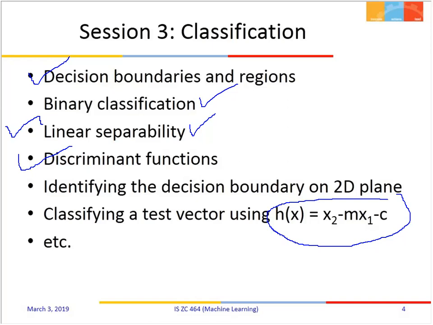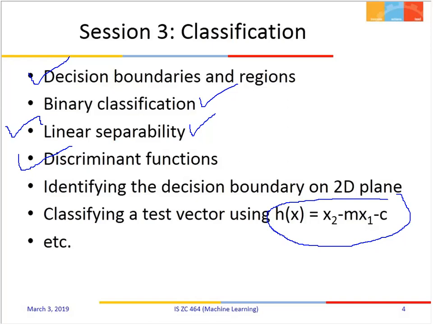If you find that this is greater than 0, then it should be lying on one side of the boundary, and if it is less than 0, it will be lying on the other side of the boundary. So depending upon this scenario, you classify that test sample. Okay.